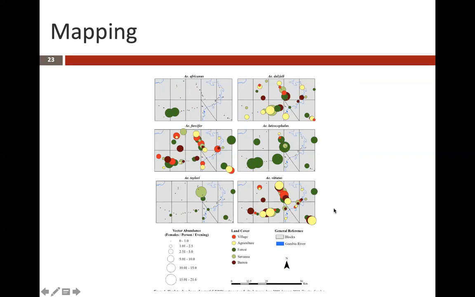Of course, those of you who make maps know that mapping is always a compromise. This was a very challenging map to make, because we have these point locations and we're trying to show a lot of things in one place. So there's quite a bit of symbol overlap, but it does show some of those patterns. This is not based on any fancy analysis. This is just based on the abundance data that we collected in the field. So this is a pure and simple mapping application.